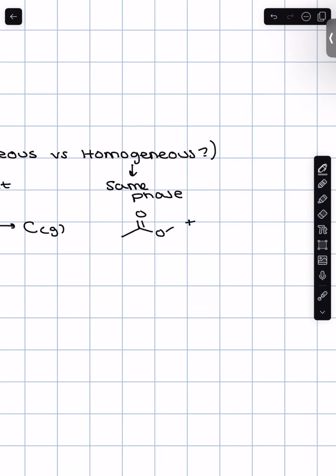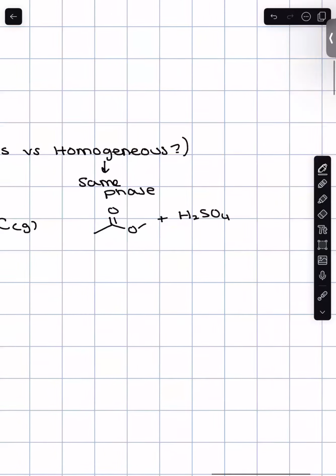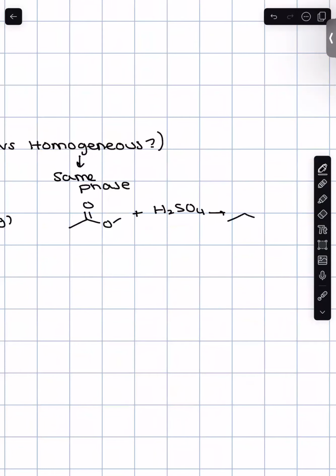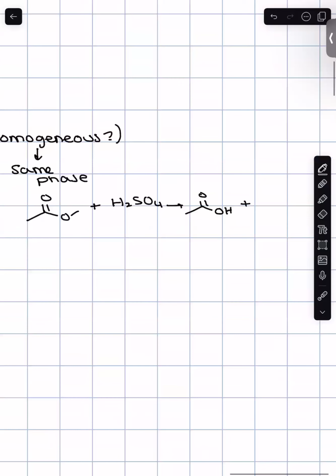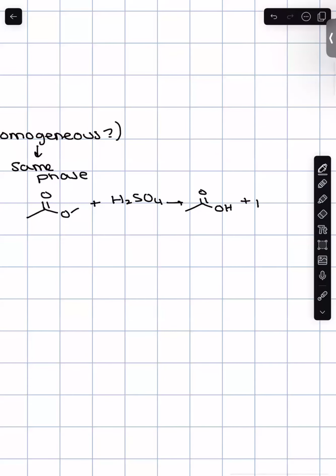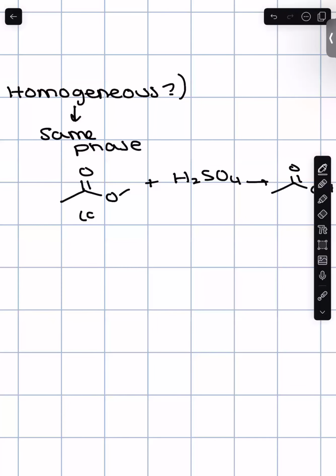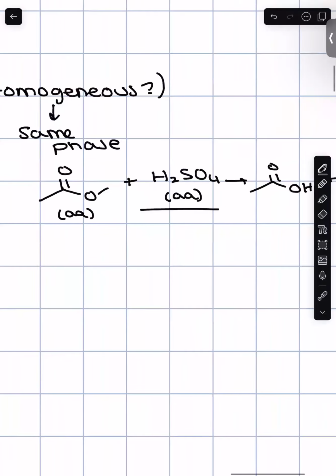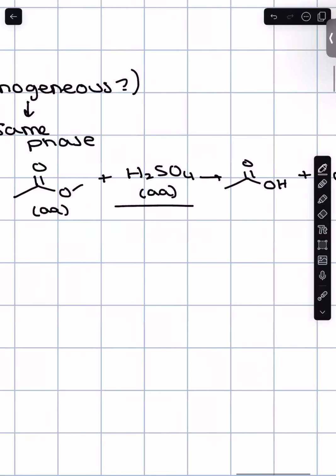If you add an acid to it, you will be able to produce a product. I don't want to confuse you all with a bunch of organic chemistry, but my main point here is this is aqueous, and so is this, and that makes this a homogeneous catalyst. Do I have any questions about that?